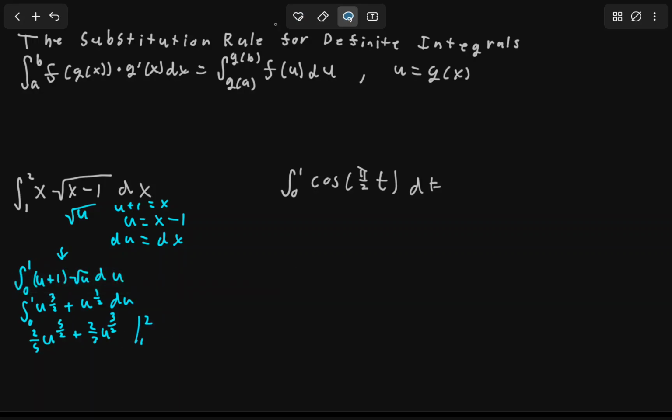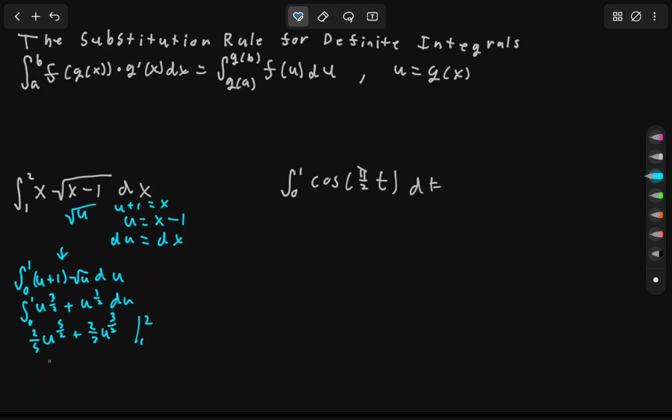Alright, now let's think for a moment. What is 2 raised to the 5th power? Well, it's 2, 4, 8, 16, 32.